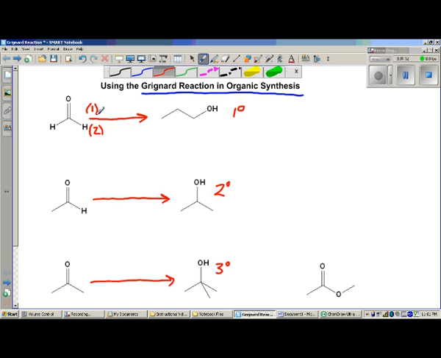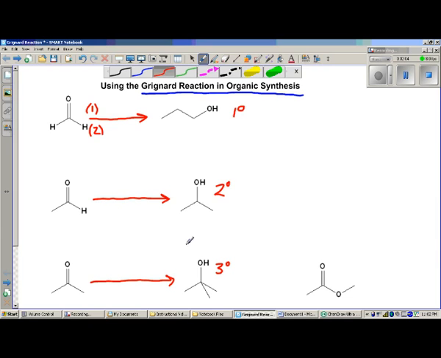So notice the similarity here. 1 carbon, no carbons coming off your carbon bearing the oxygen, 1 carbon coming off the carbon bearing the oxygen. 1 carbon coming off the carbon bearing the oxygen, 2 carbons coming off the carbon bearing the oxygen. 2 carbons coming off the carbon bearing the oxygen, 3 carbons coming off the carbon bearing the oxygen. So we've added a carbon in each case.